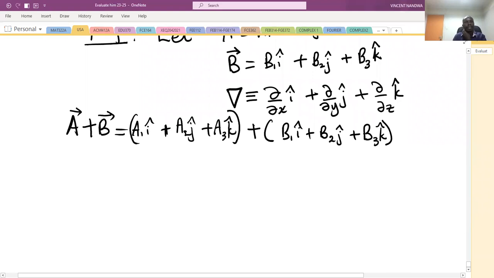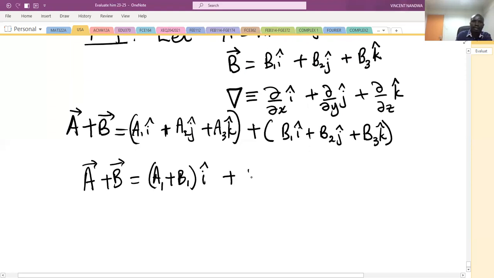And then when you're adding vectors, we add corresponding components. So this will give us A plus B to be (A1 plus B1) i plus (A2 plus B2) j plus (A3 plus B3) k.